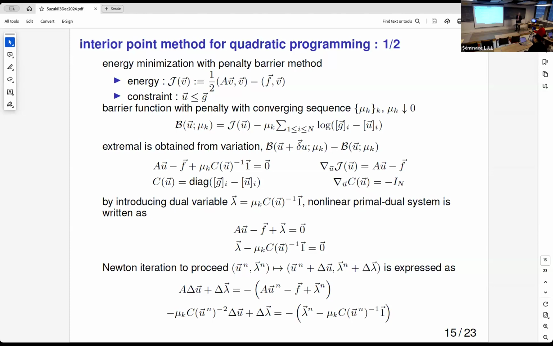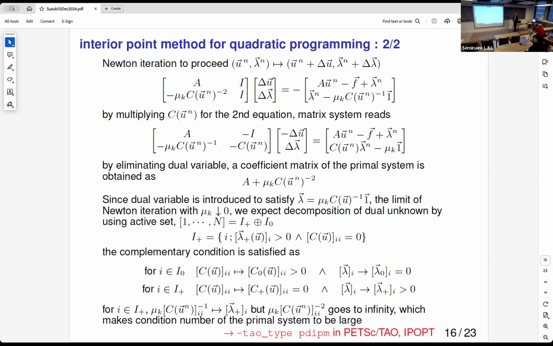And by just applying the Newton method, we can get a natural discrete sum, taking the Hessian of J, and then taking the second derivative of the logarithm. So we get C to the minus square divided by twice. And the right hand side is the residual of this nonlinear system. This is the Newton method.